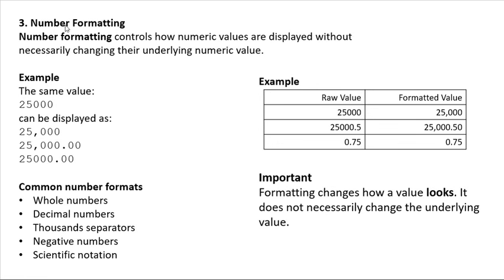And the third is number formatting. Number formatting controls how the numeric values are displayed without changing the underlying numeric values. For example, the same value 25,000 can be displayed as 25,000 with a comma and triple zeros as an integer value.